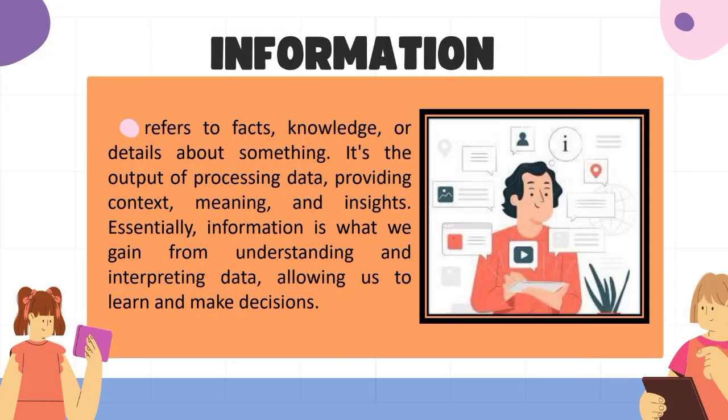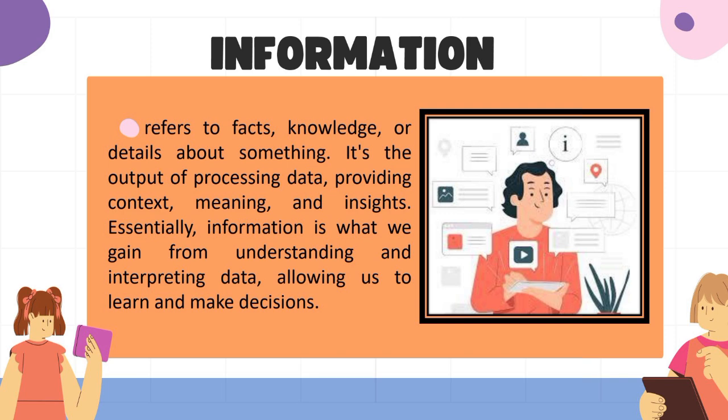Before we discuss information literacy, let's discuss first what is information. Information refers to facts, knowledge, or details about something. It's the output of processing data, providing context, meaning, and insights. Essentially, information is what we gain from understanding and interpreting data, allowing us to learn and make decisions.